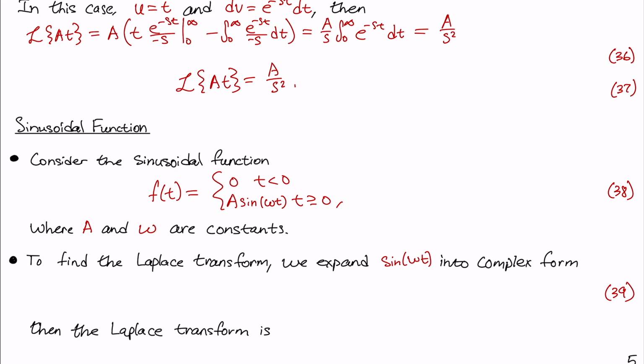In order to compute the Laplace transform of the sine of omega t, we're going to end up expanding it into the complex form. So I'll just write that here. Sine of omega t is equal to 1 over 2j times e to the j omega t minus e to the minus j omega t.